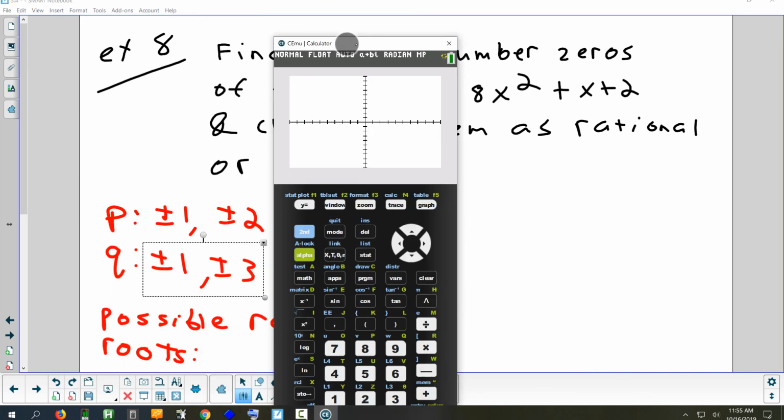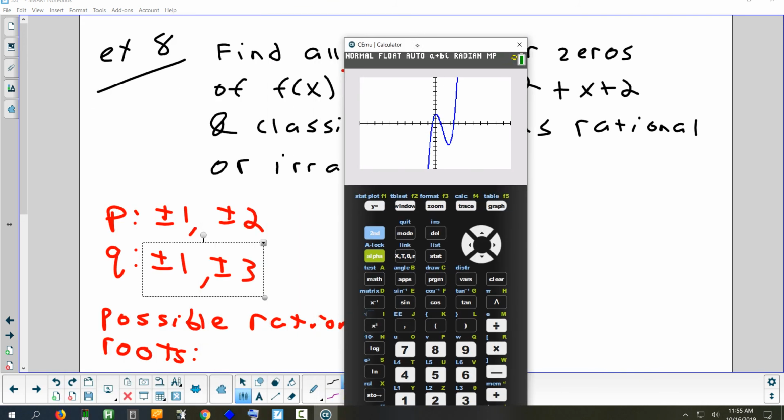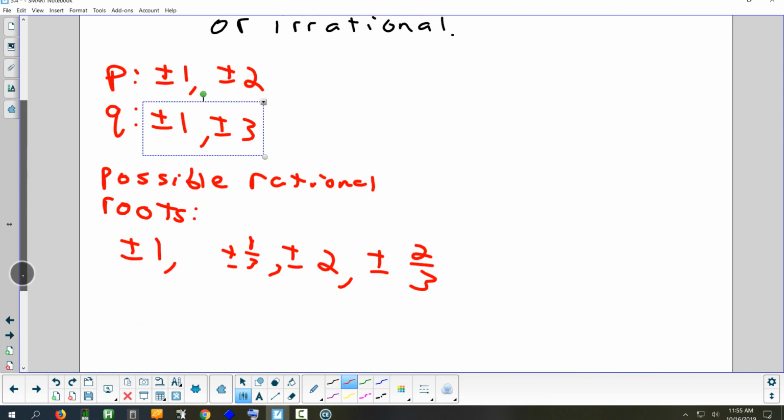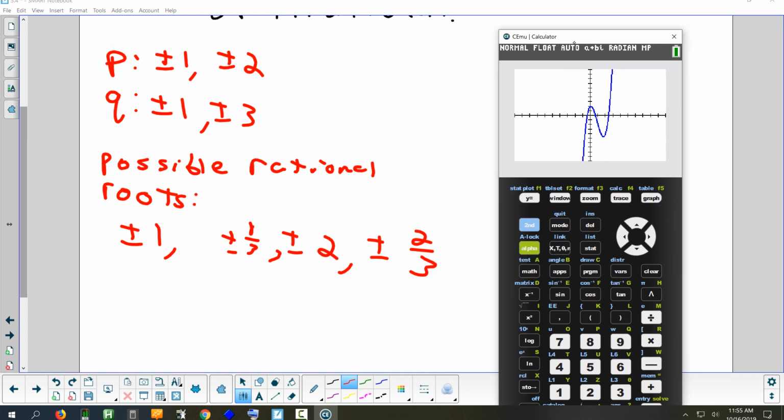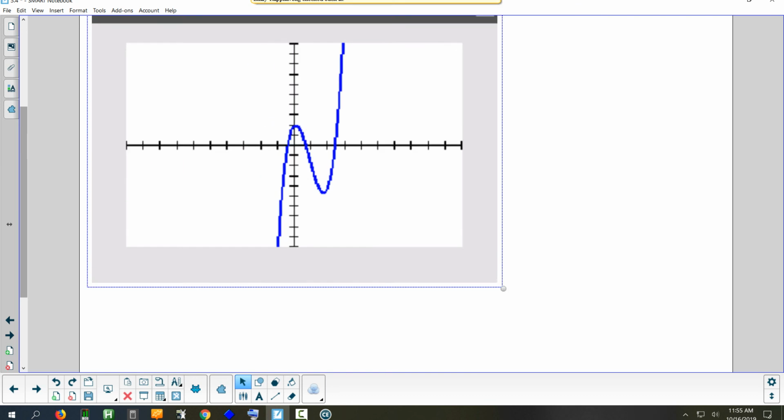Okay, so out of our possibilities, can somebody tell me which one looks reasonable? Jack? 1? Let's try it. And maybe if I make it even bigger, you can see it.